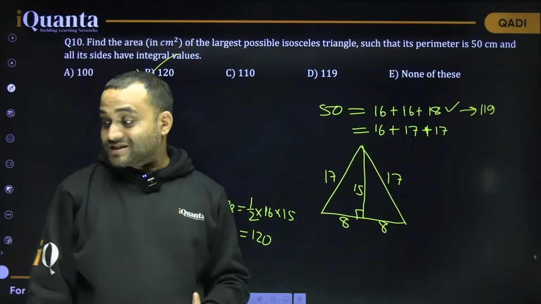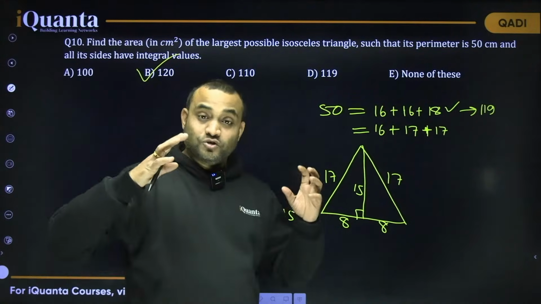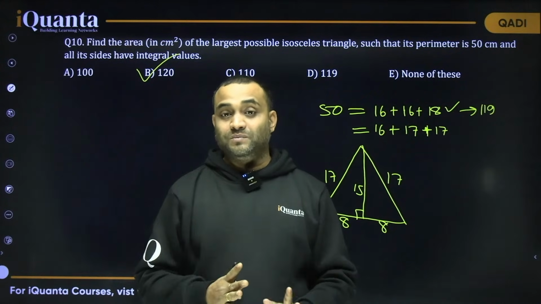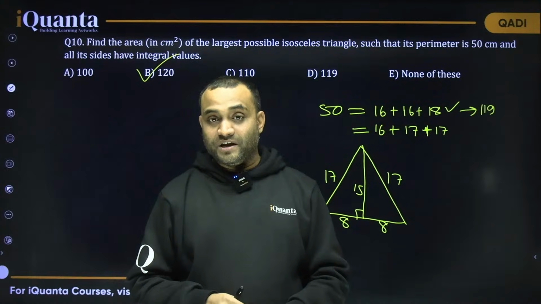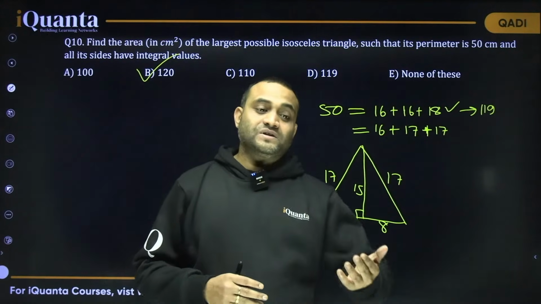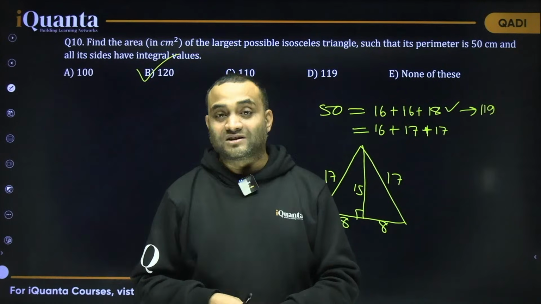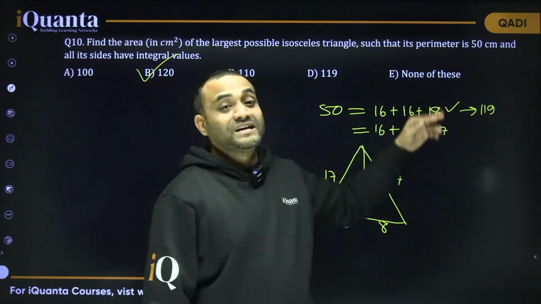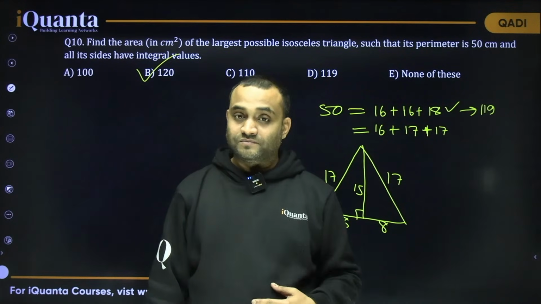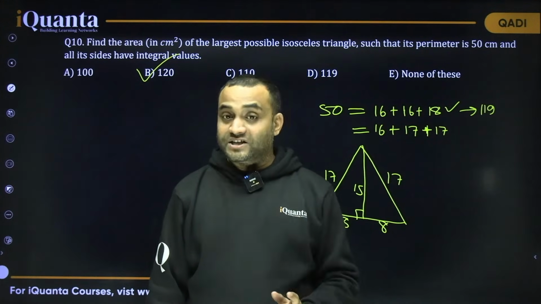As we discussed, our side lengths should be as close as possible, है ना? Then only you get the maximum area. So whenever perimeter is fixed, the area of the triangle will be maximum when it's an equilateral triangle. But to make it equilateral, all three sides should be 50 by 3, which are not integers.